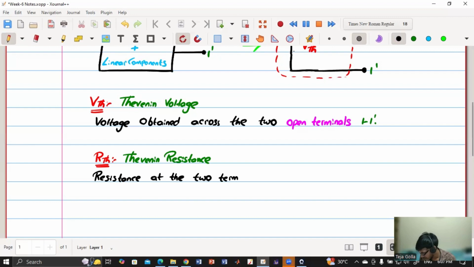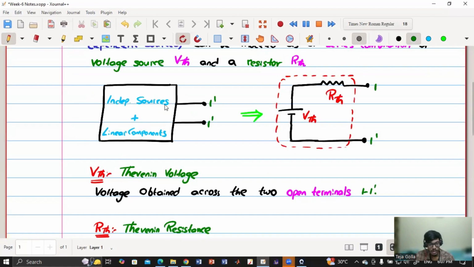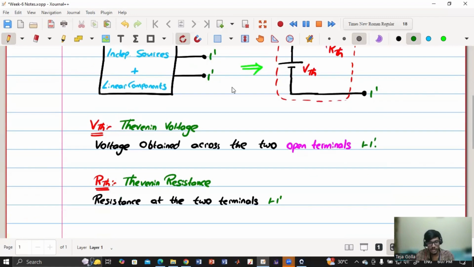It is the resistance at the two terminals. What is the resistance across those two terminals 1 and 1 dash when no voltage source is considered in the circuit? Whatever independent sources are inside this need to be ignored. Then what is the effective resistance?